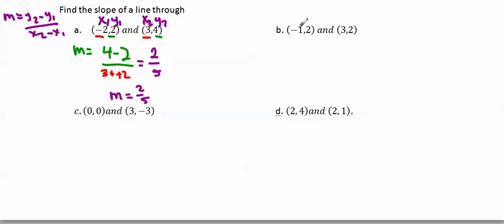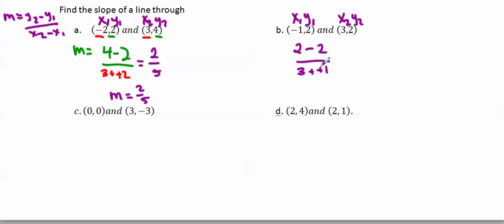Alright, so b, you should have gotten x1, y1, x2, y2. Plug them into your formula. So remember, slope formula is y2 minus y1 over x2 minus x1. y2 is 2, you should have 2 on top, minus y1, which is 2, over x2, which is 3, minus x1, which is negative 1.